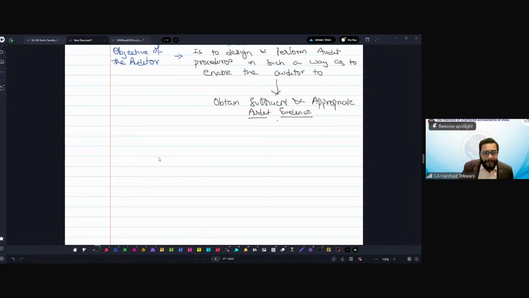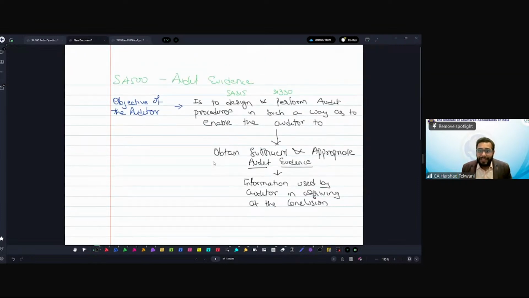So audit evidence is nothing but the information which is used by the auditor in arriving at the conclusions. Now conclusions can be different based on my planning and the procedures I have designed as per SA 330. So the conclusion can be to check whether the risk is present at the assertion levels.